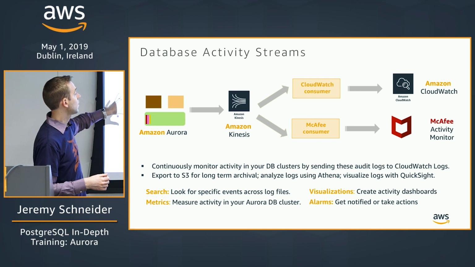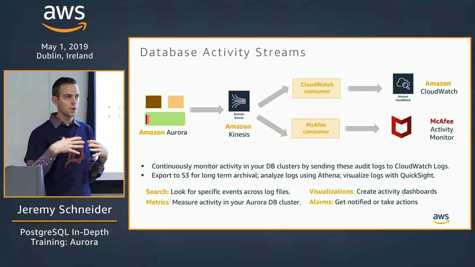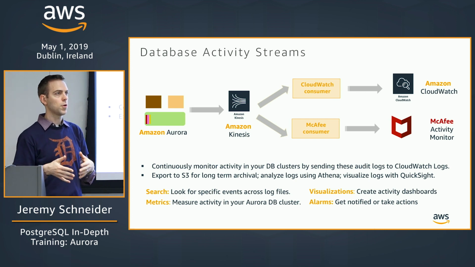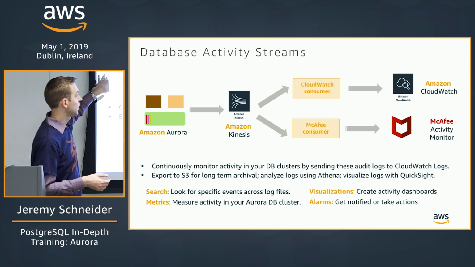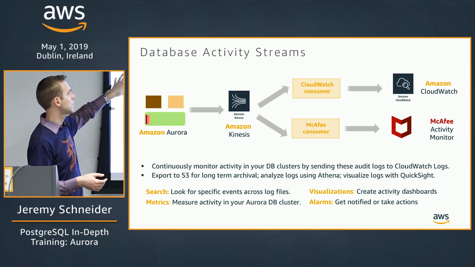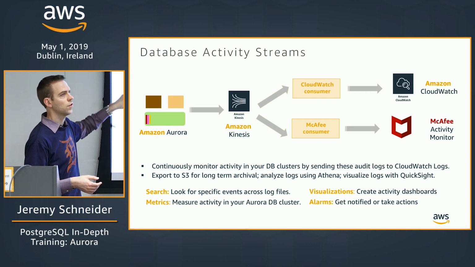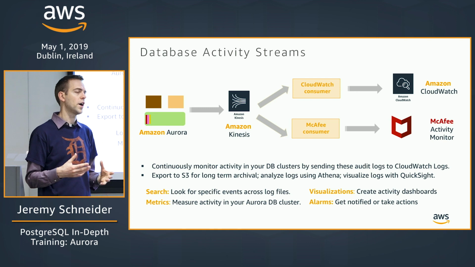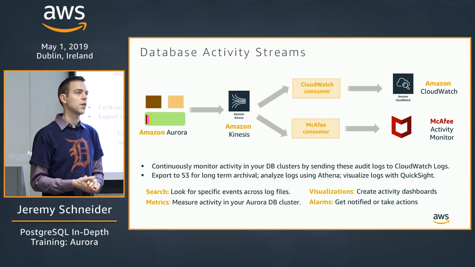pgaudit puts all that information in the Postgres log. It's a tool that's pretty well established in the community, been around for a while. Database Activity Streams is a little bit different. It sits outside of the database, and rather than putting it in the Postgres log, as you can see in the illustration here, it pulls the information and puts it into a Kinesis stream. One of the big driving use cases for this was integration with widely used third-party solutions, like they mentioned McAfee on here.